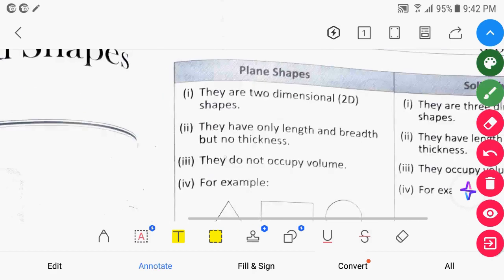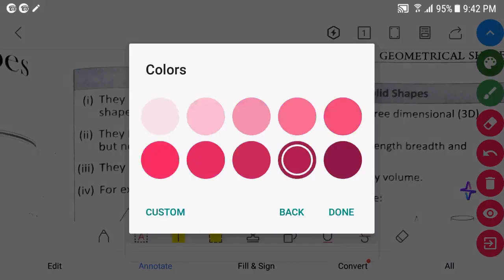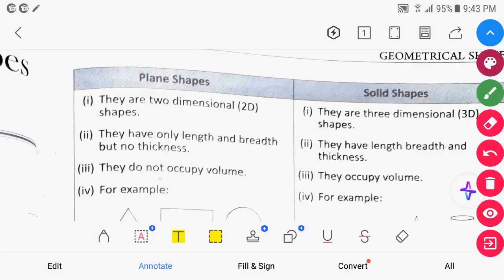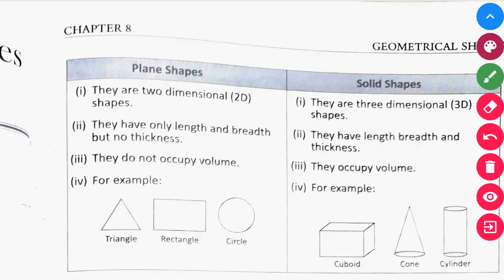Okay, now the difference between plane and solid shapes is given to us, meaning how we can differentiate two-dimensional and three-dimensional figures. The plane shapes are two-dimensional, which I had told you already.